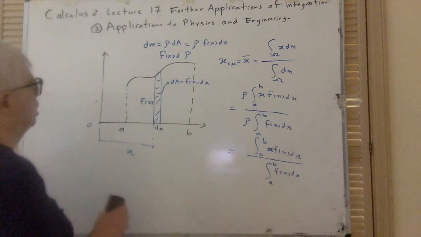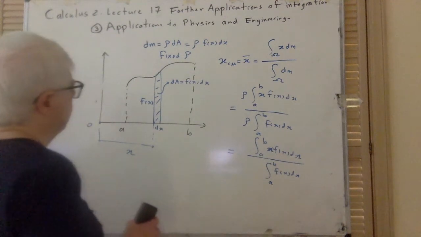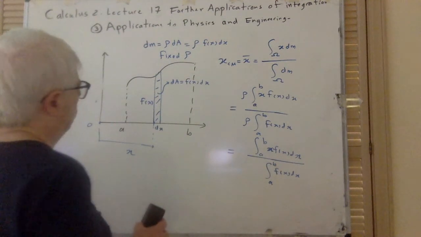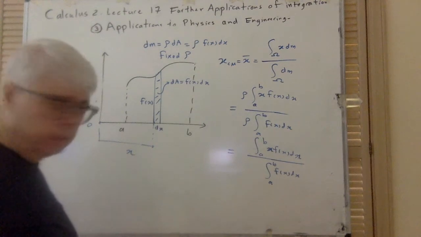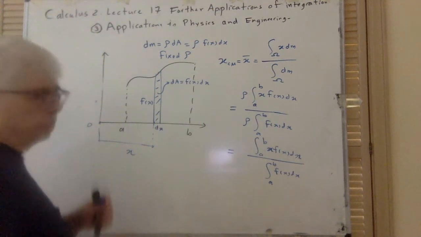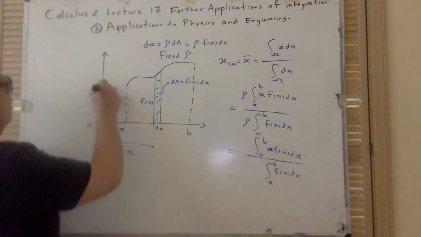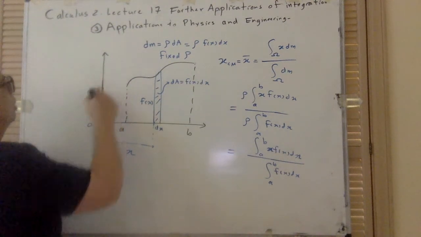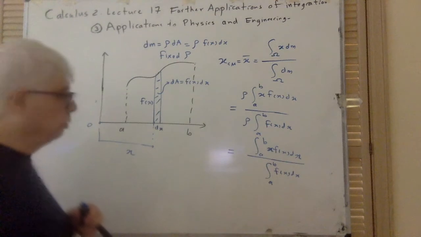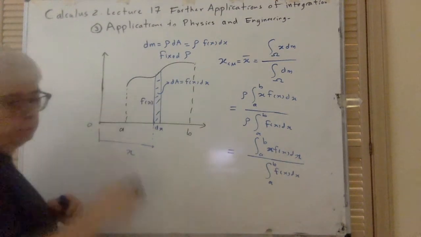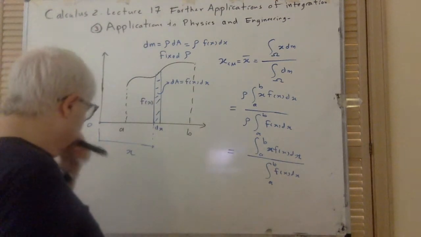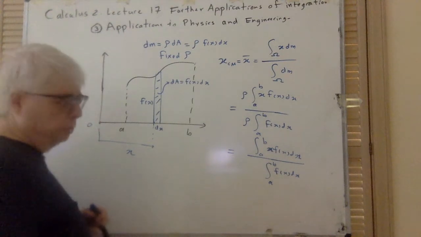Now let's find the other one, y bar. For y bar, we do this. We still use this thing. If this was like Calc 3 multivariable, then I would just write it the other way. But for y, we do this.